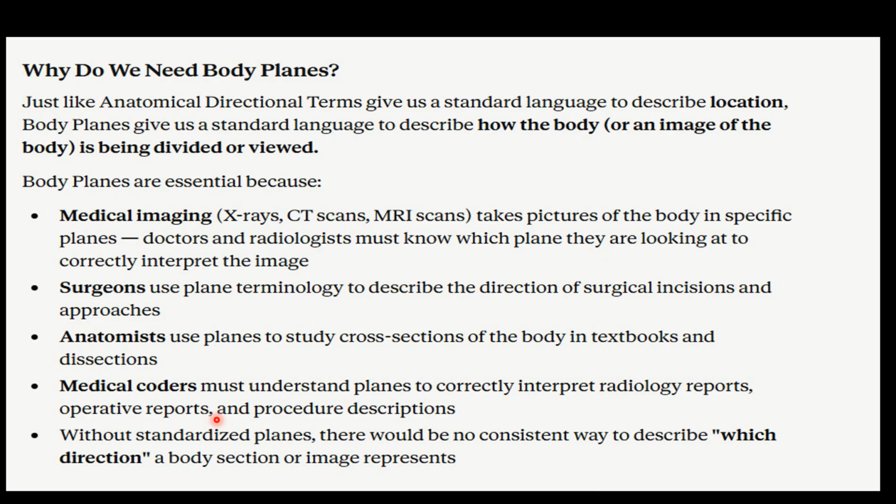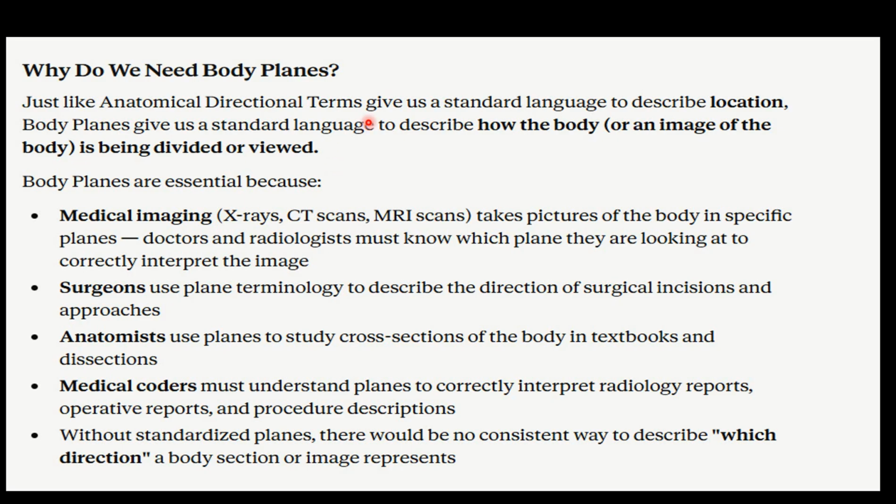Okay, now let's see why we really need to understand the body planes. Just like anatomical terms of direction give us a standard language to describe location, body planes give us a standard language to describe how the body or an image of the body is being divided or viewed.